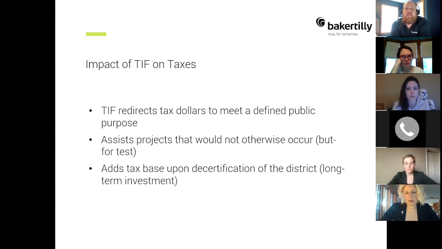The things it doesn't do is it doesn't provide additional tax base to offset the cost of potentially serving that project. Anytime you're adding a new development within a city, there's going to be some incremental growth in the city's cost of service, or any of the taxing jurisdictions' cost of service. It's going to be a small amount because it would be a very proportional increase when viewed against the size of the city as a whole.